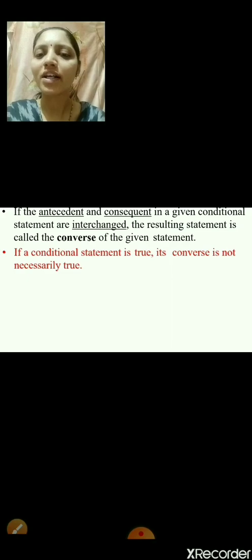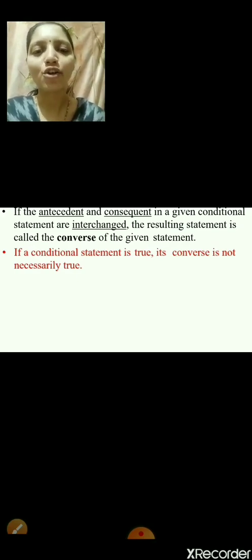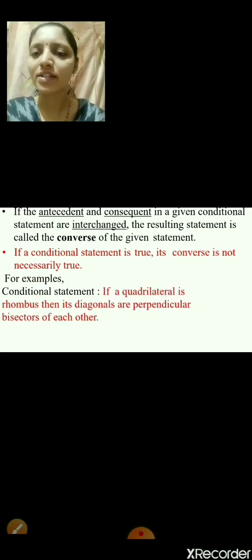If the conditional statement is true, its converse is not necessarily true. That means if you write any conditional statement and if you write the converse of it, then sometimes the conditional statement and its converse are true, but sometimes conditional statement and its converse are not true. Let's take one example.